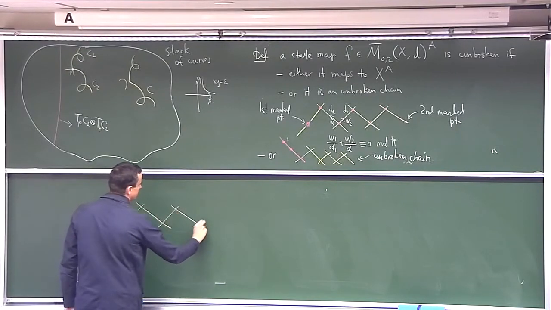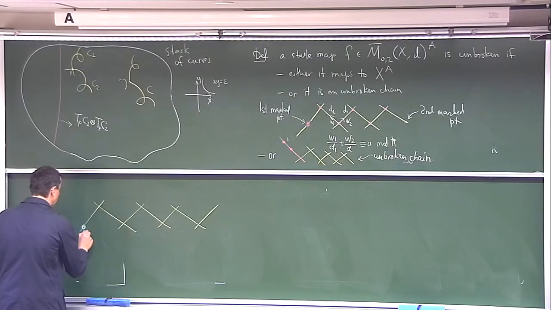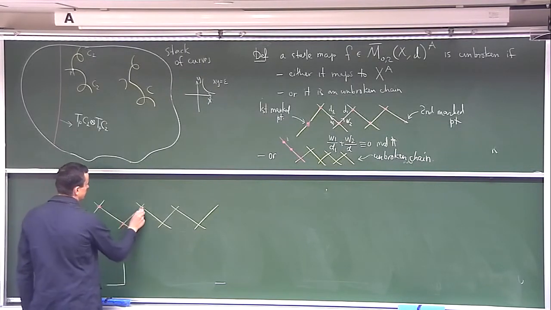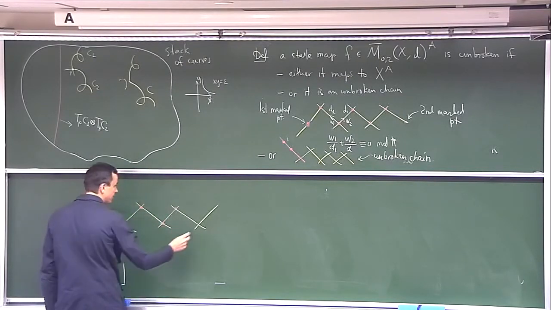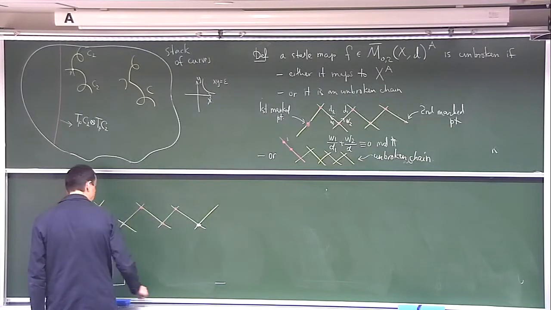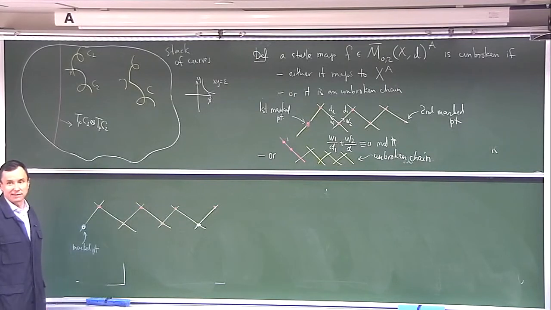Let's suppose this is a marked point, and then there's just a fixed point, fixed point, fixed point, fixed point. And suppose you got to the second marked point, but you still continue. You don't terminate there. You have that little chain.